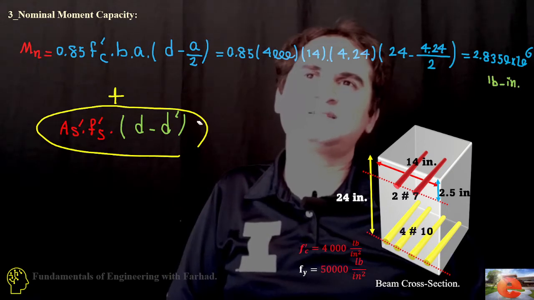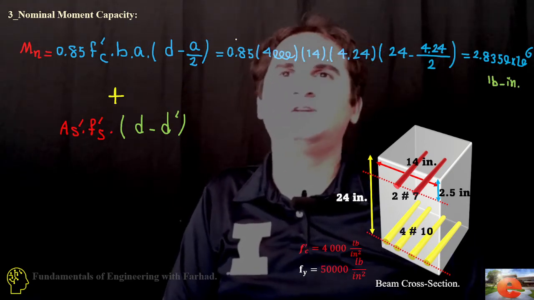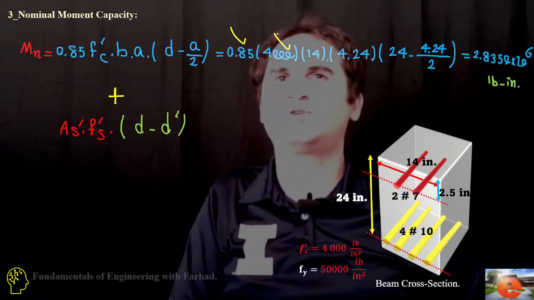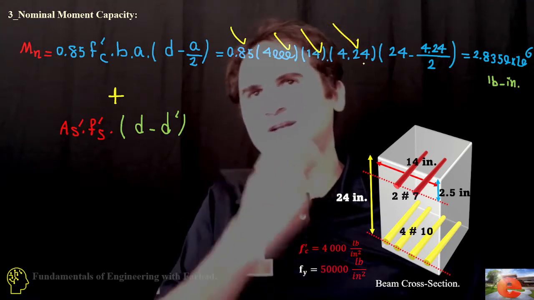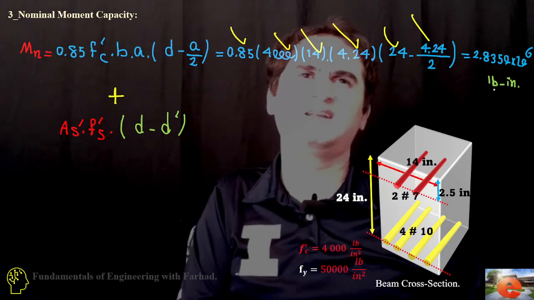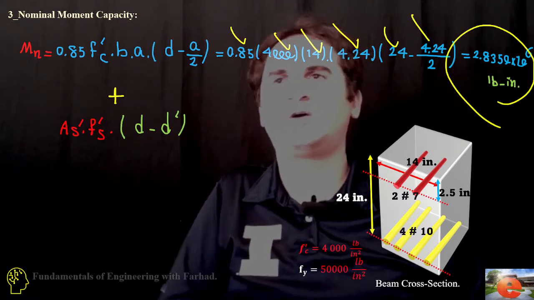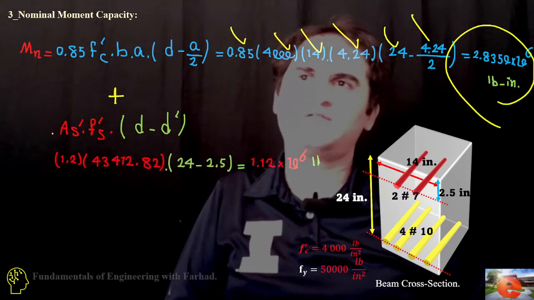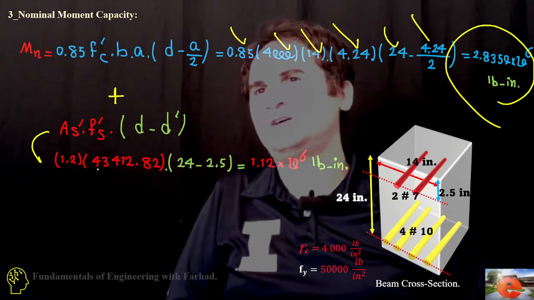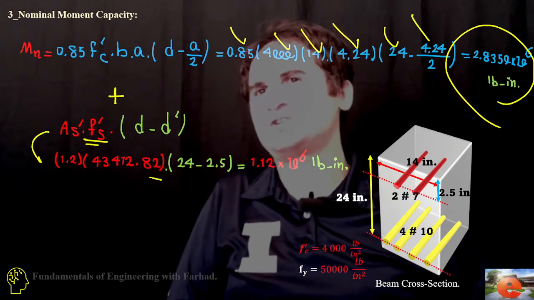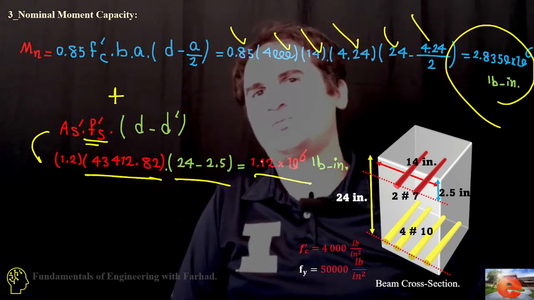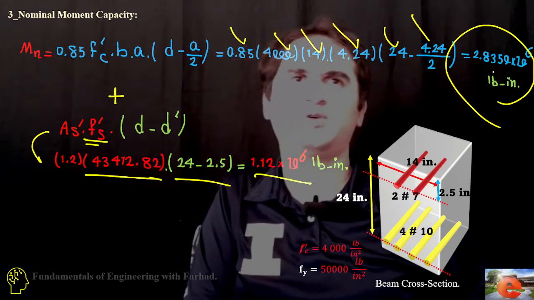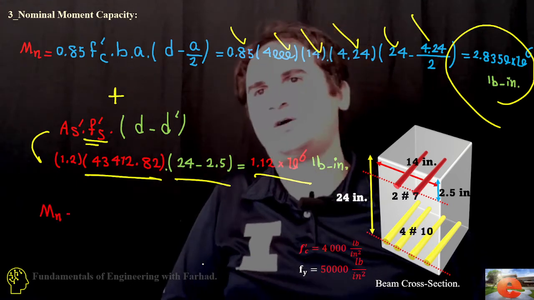If you replace the numeric values, 0.85, 4,000, b 14, a 4.24, d minus, it gives us this amount in pound-inches. A prime s is likewise 0.12 times f prime s, which we just calculated, times d minus d prime, and it gives us 1.12 times 10 to the 6, that's 2.83 times 10 to the 6 pound-inches.